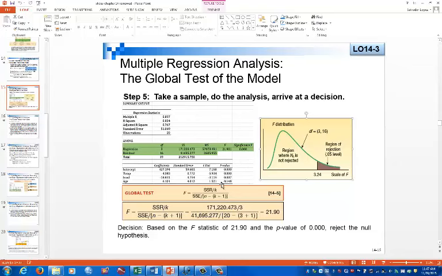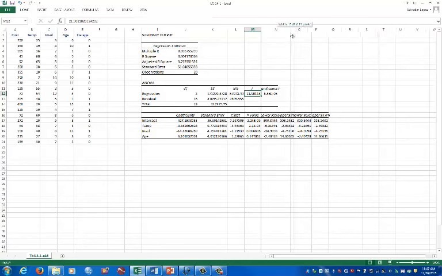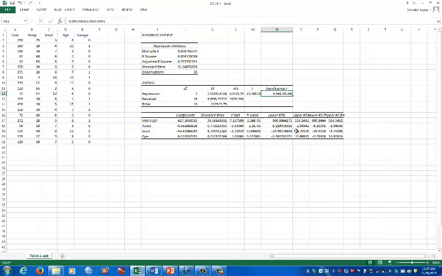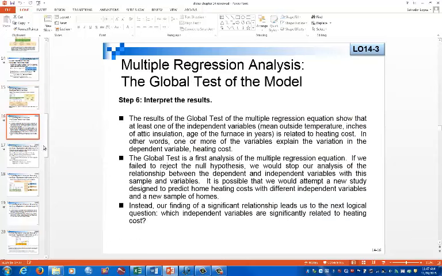And you can also look at the p-value, which is here on the column that says significance F. This p-value is 6.5 with 6 zeros to the left. In this report here, you don't have enough zeros, so it's 0.000, and you can compare the value to 0.05. If it is less than 0.05, reject the null hypothesis. So we conclude the same.